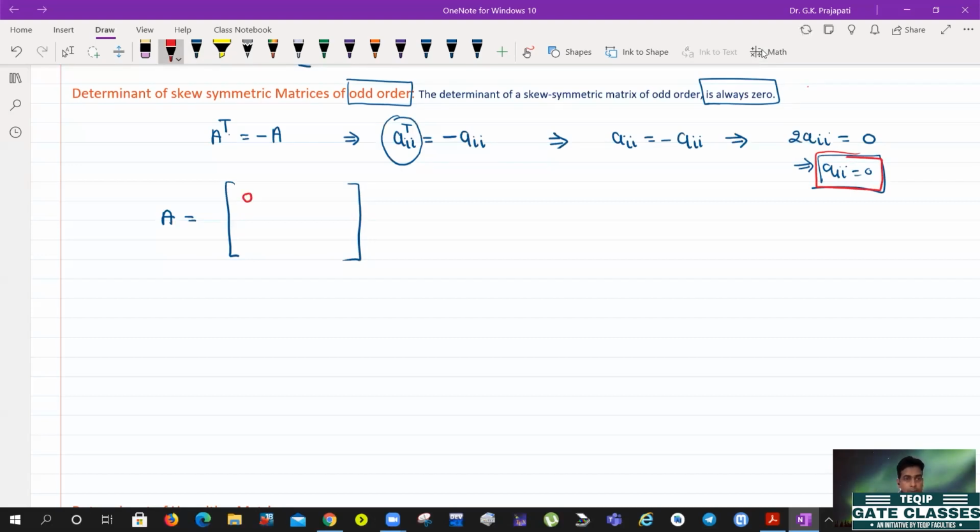So hence we can take 0, 0. Now here we can take any element like 2, 4, -1. For a skew symmetric matrix we take the mirror image along the diagonal of the elements.